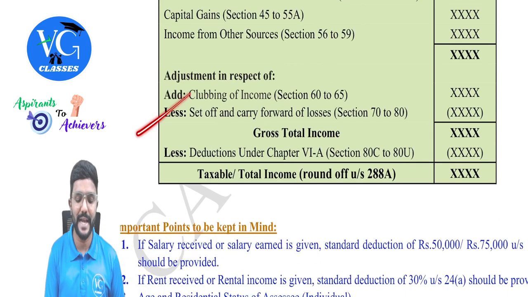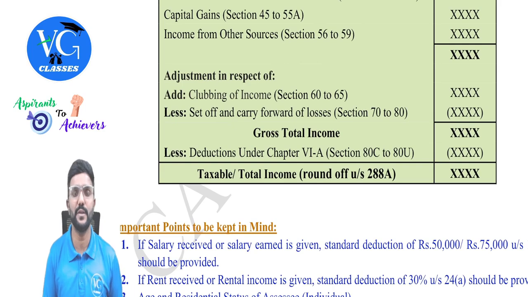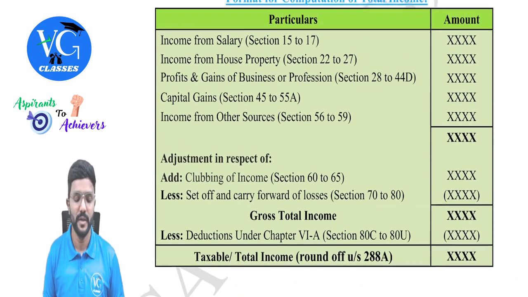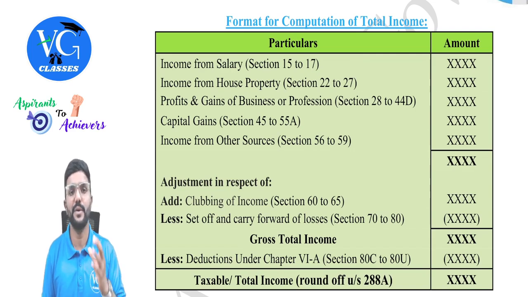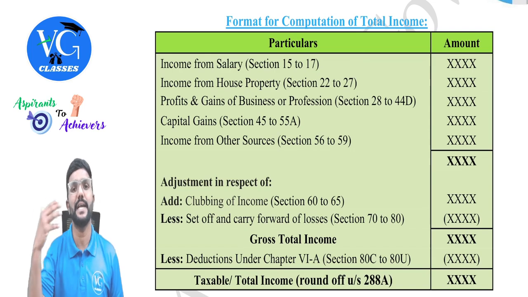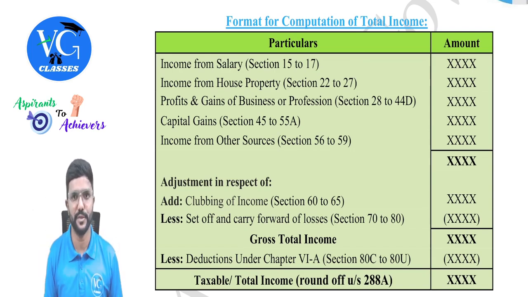Then coming to set off and carry forward of losses, the provisions with respect to this are covered in sections 70 to 80. Guys, I have just given it here, but it doesn't mean that you will always adjust the loss at the end. No, no, no. We need to see whether the loss is a current year loss or a carry forward loss. If it is a current year loss, we will have two options. That is, in the same year, you can adjust it within the same head. If not possible, you can adjust it against other heads, subject to certain exceptions.